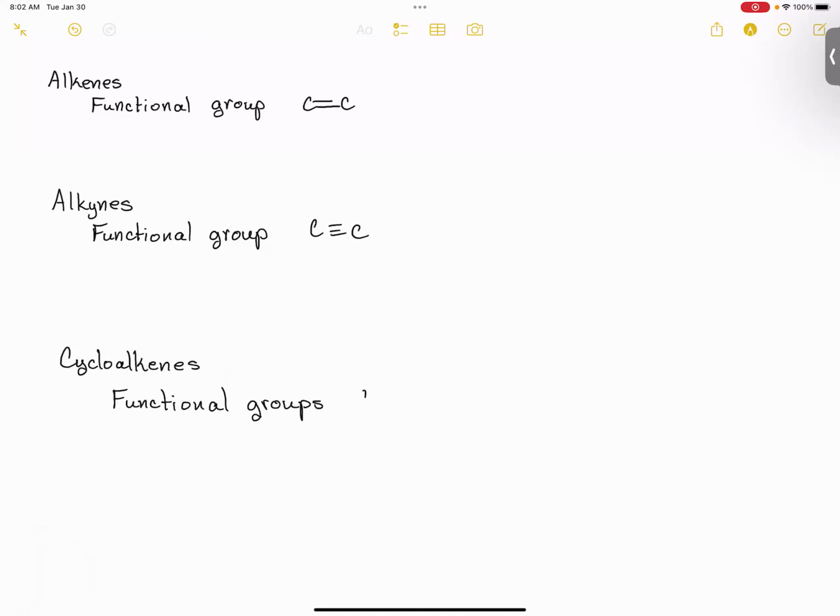The functional group is still going to be a C double bond C, but it's going to occur in a cyclic structure. Now we can have cycloalkynes, but cycloalkynes are pretty rare. So we'll mainly focus on alkenes, alkynes, and cycloalkenes in this particular series.